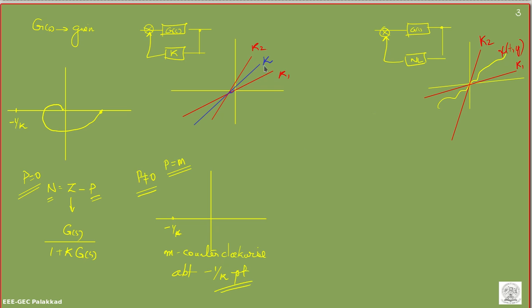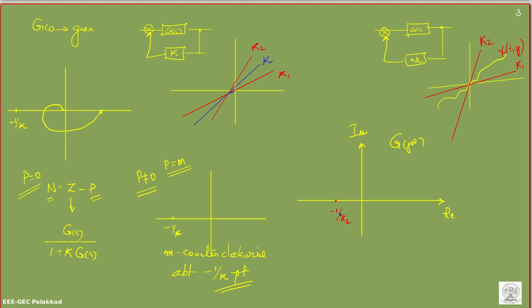Now if this k lies between K1 and K2, where do K1 and K2 lie on the G(j omega) plane? So this is the G(j omega) plane. This is the real axis and this is the imaginary axis. So I am only writing Im and Re. If this is K1, this would be minus 1 by K2, because K2 is greater than K1.